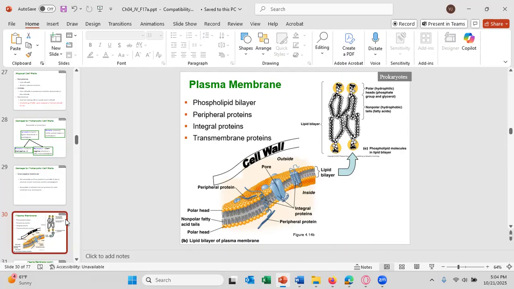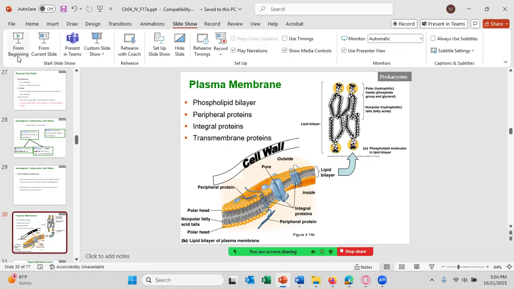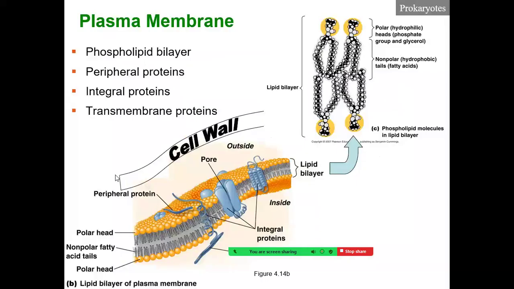The cell membrane is a phospholipid bilayer. The main molecule is phospholipid. See if I can blow this up. It is composed mostly of phospholipid molecules, shown here, the head and the tails.